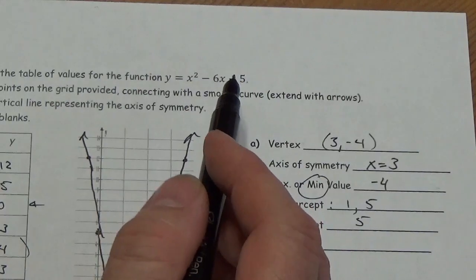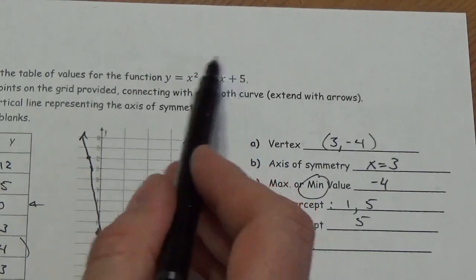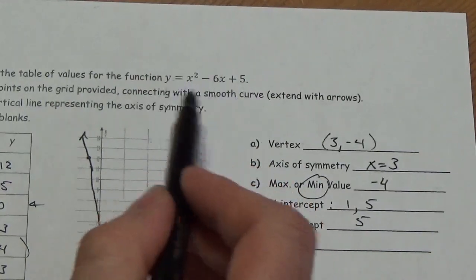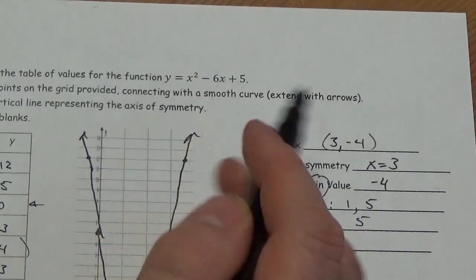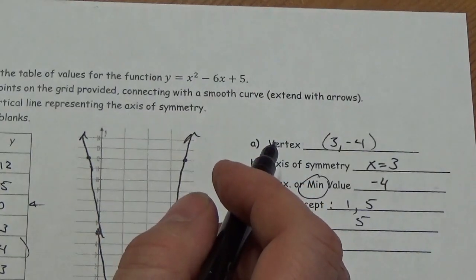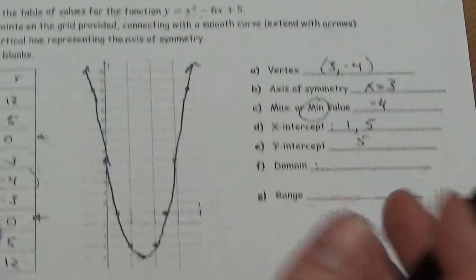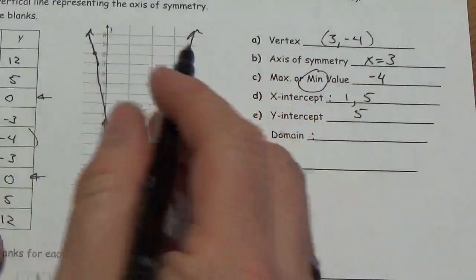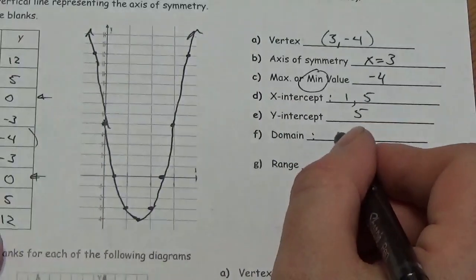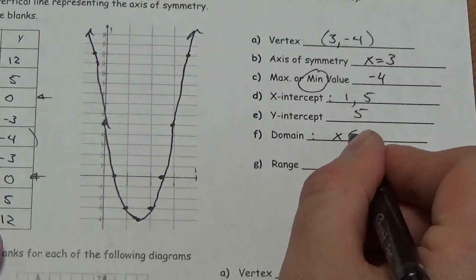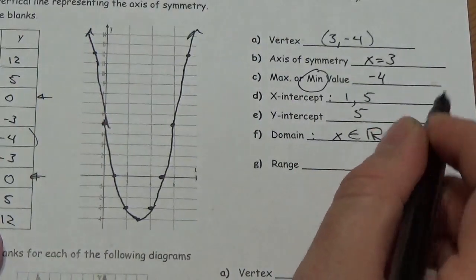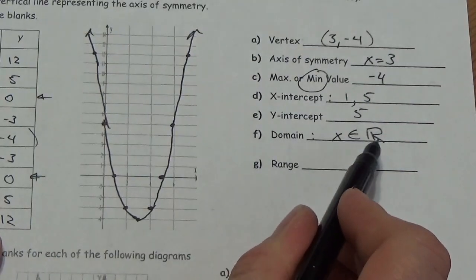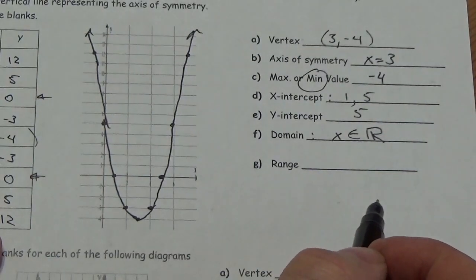Now, is there any real number that you couldn't square, that you couldn't then subtract 6 times that value and then add 5? Well, the answer is no. And you kind of get that indication from this. This is going to extend in both directions here, infinitely. So my domain is going to be that x is an element of the real numbers. Okay, x is in the entire set of real numbers, everything.